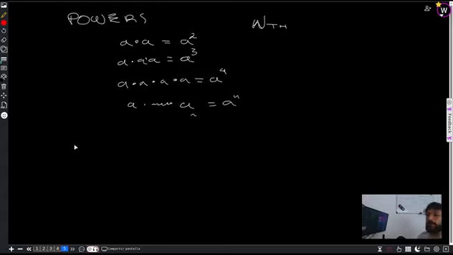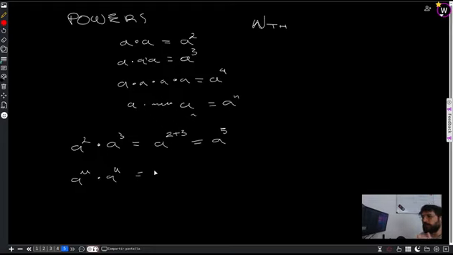When we have something like a to the second times a to the third, this is equivalent to saying a to the 2 plus 3, or a to the fifth. This can be expressed as a to the m times a to the n, which is equivalent to saying a to the m plus n.